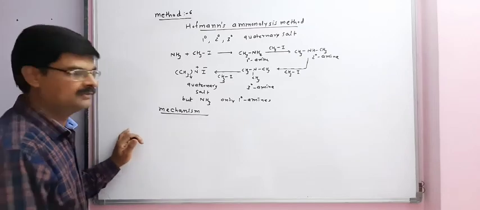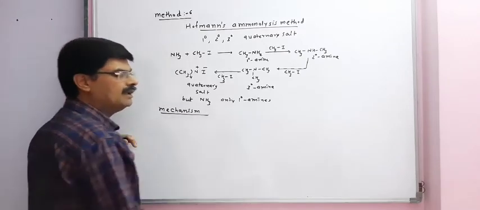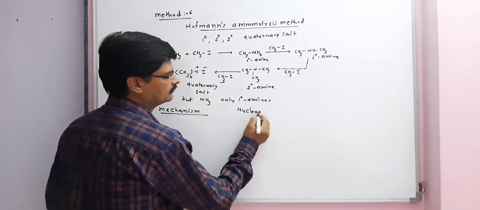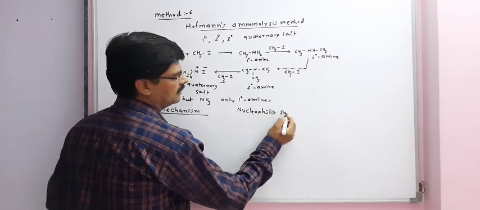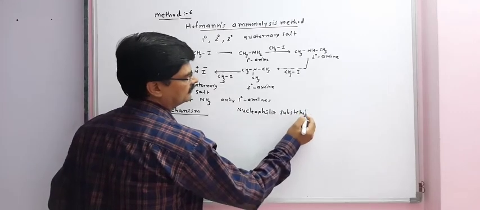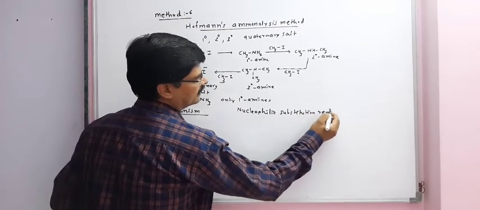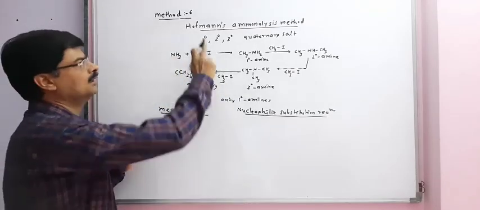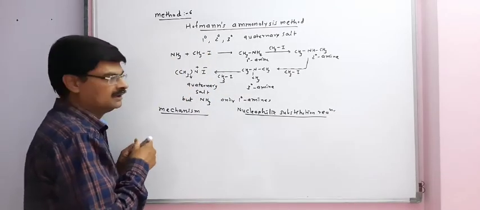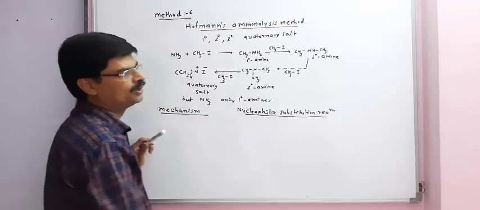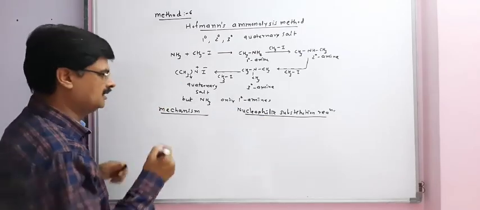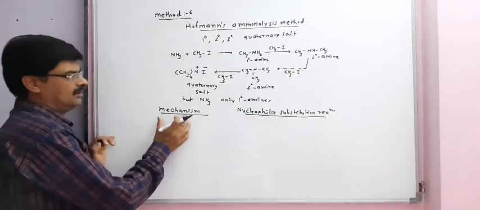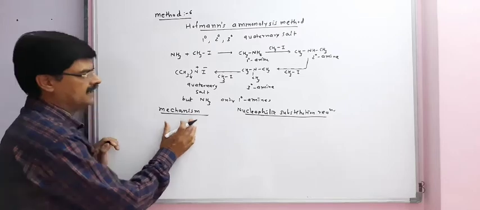This mechanism is a typical case of nucleophilic substitution reaction. Once more, it is necessary to remember that Hofmann's ammonolysis method is a typical case of nucleophilic substitution reaction. We will understand how it behaves like one by understanding the mechanism.